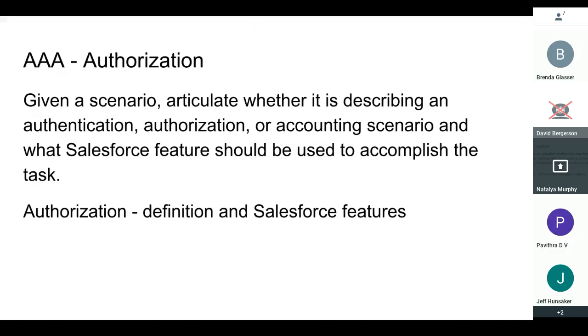Through the profiles and permission sets. Okay, profiles, permission sets. Satish, what else do we have available for authorization? OAuth for connected apps, where users can authorize applications. Okay, Terry, anything else? I don't have anything else. Okay, Jeff? Sharing rules. That's a good one. David, anything else? No, ma'am. Okay, let's move on.